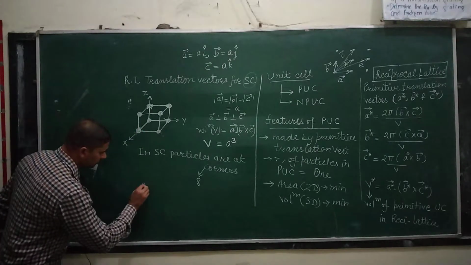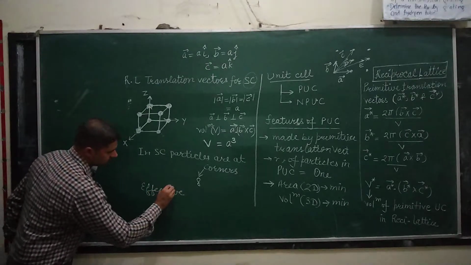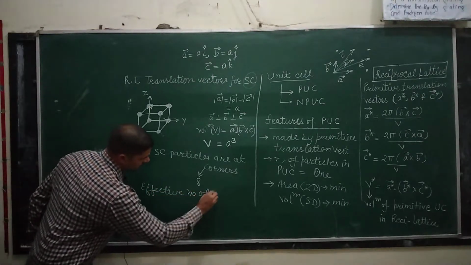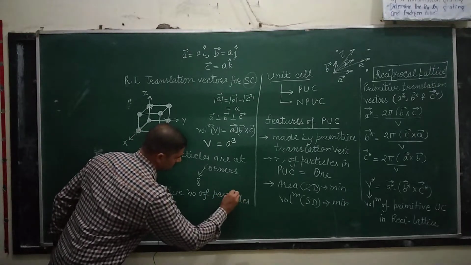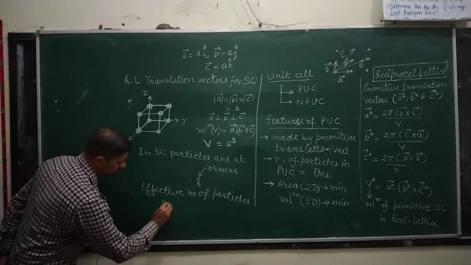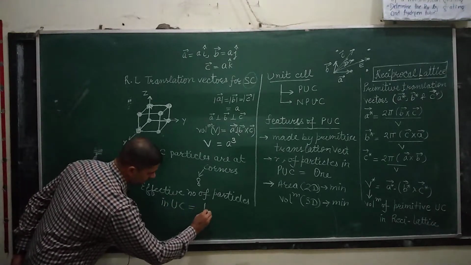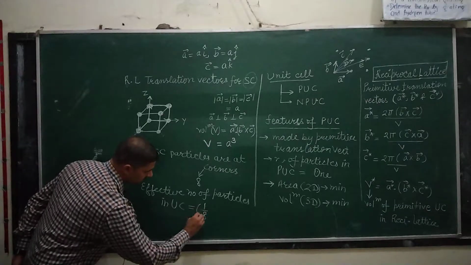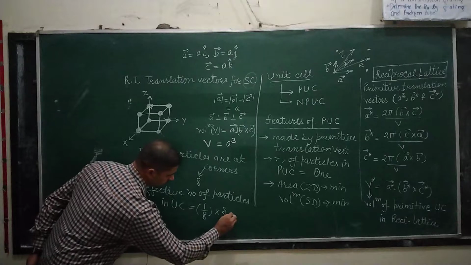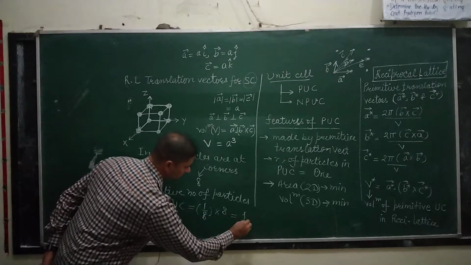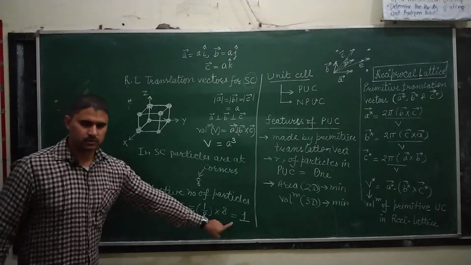So the effective number of particles in the unit cell is the contribution of one particle, 1 by 8, times the number of particles, 8. So you can see the effective number of particles inside the unit cell is unity.